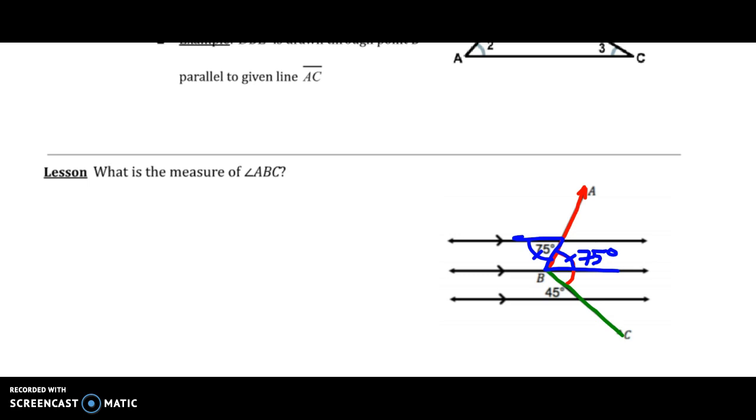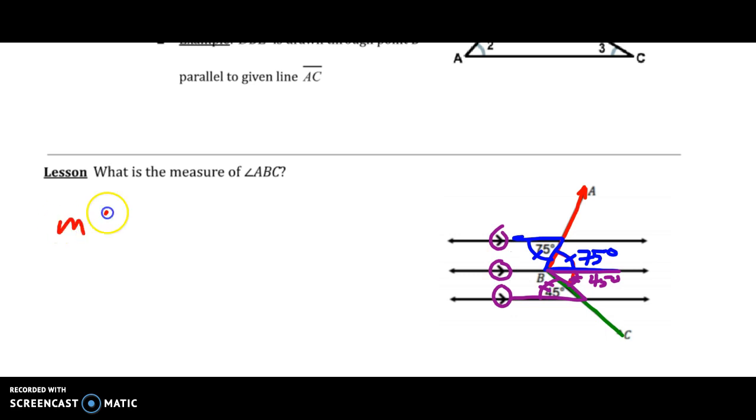Well, if I look at the other transversal, BC, and the parallel lines, I also have alternate interior angles. And those are congruent when the lines are parallel, which is given by these arrows here. This means that these 3 lines are parallel to one another.